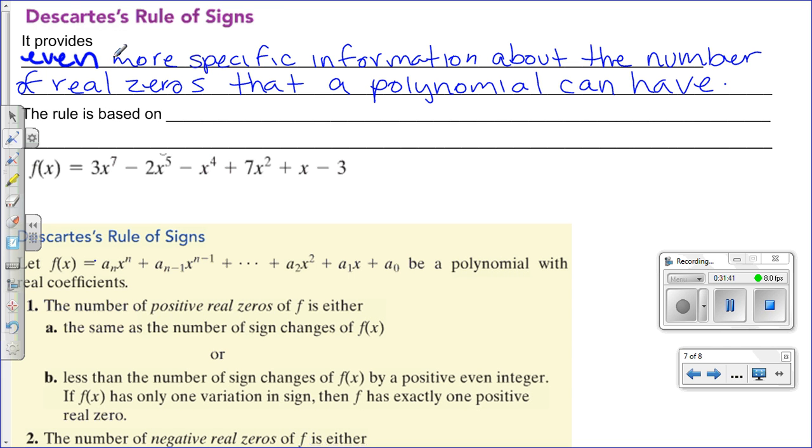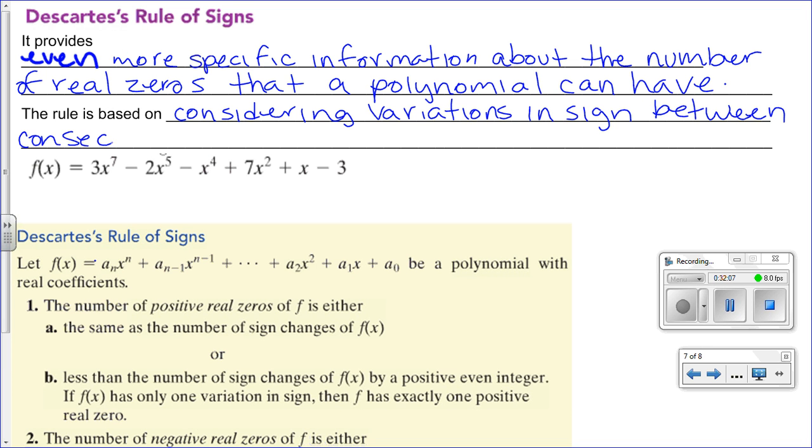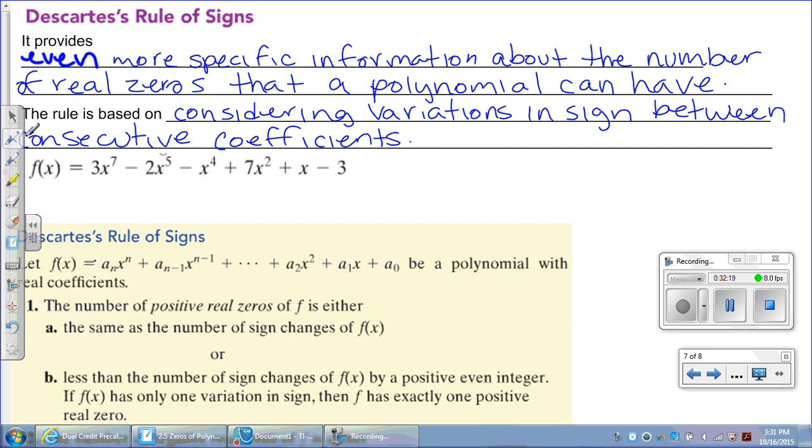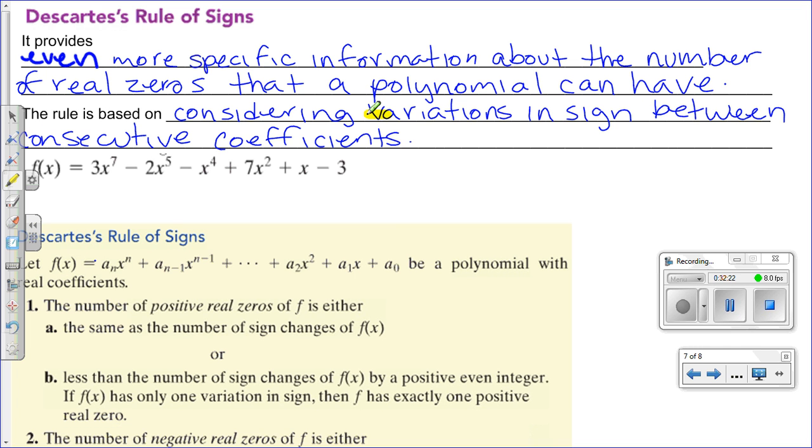And this rule is based on considering variations in sign between consecutive coefficients. And here our keyword is going to be variations in sign.